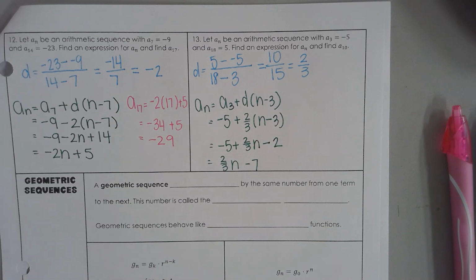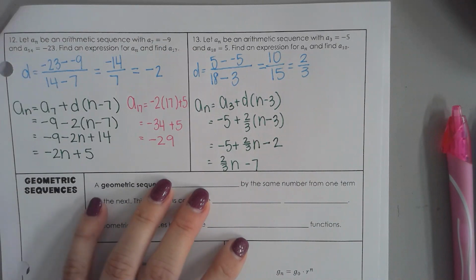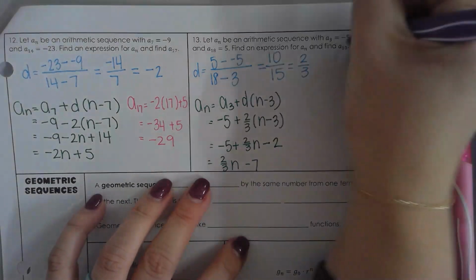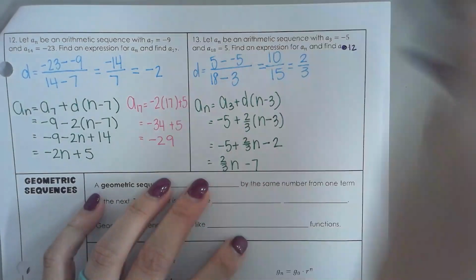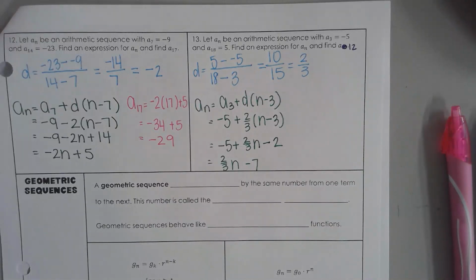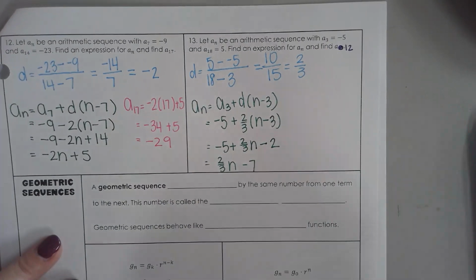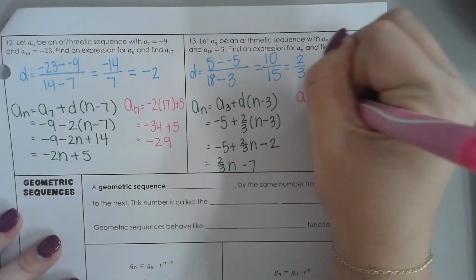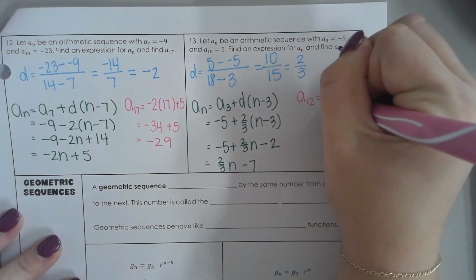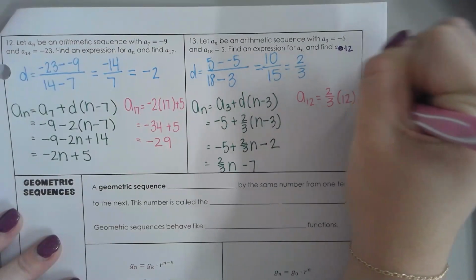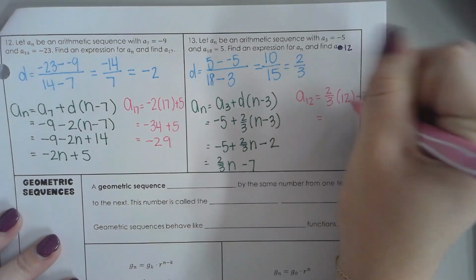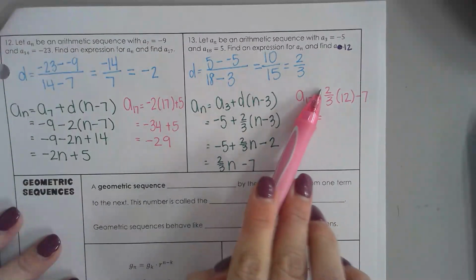How about we change that to find the 12th term? If you've already done it for the 10th, just leave what you have. But let's just find it for the a12. So you need to know 2/3 times 12.